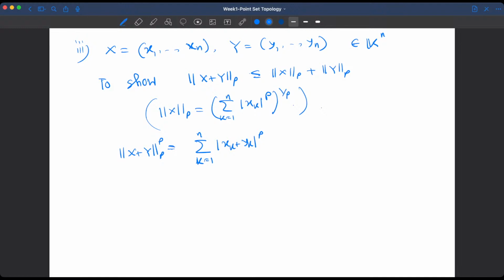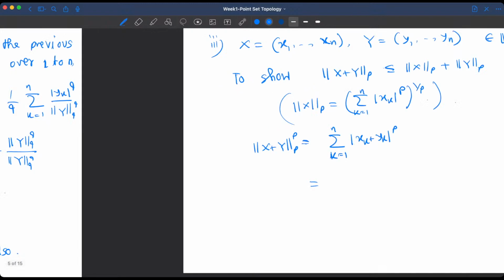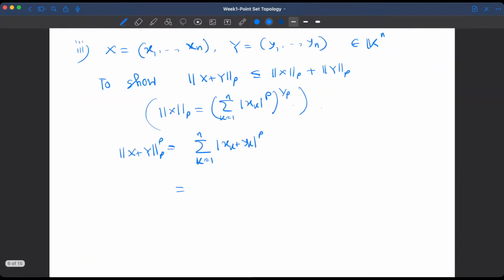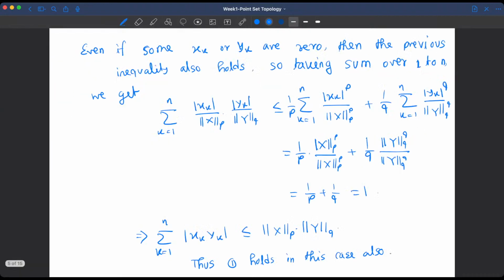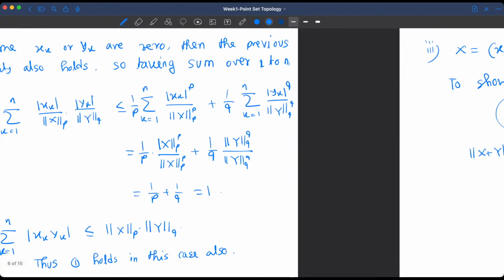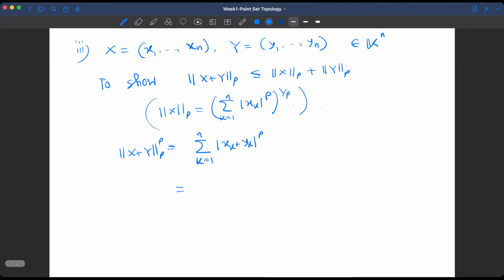Now here I want to use this thing. So can someone tell how to use this here? How can you use this one? Any idea?